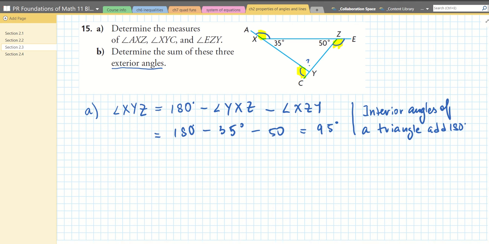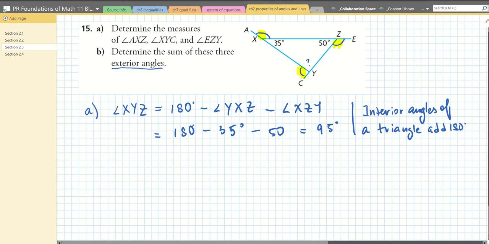Now we're going to use another supplementary relationship, which is basically straight angles, to relate the interior angle to the exterior. So we can say that the angle AXZ is going to equal 180 minus YXZ, because these are supplementary angles that form a straight angle from here to here, which is 180.